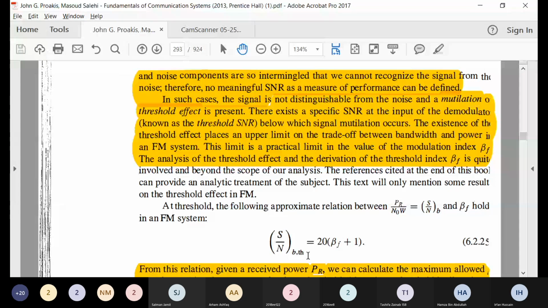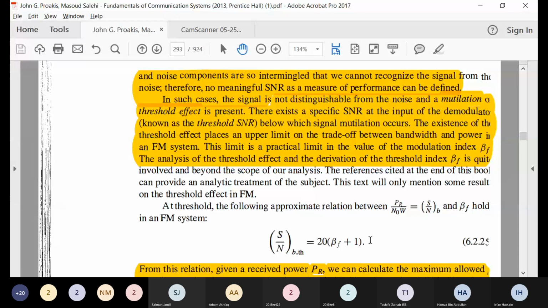The threshold signal to noise ratio is defined as 20 times beta plus 1. How this relationship comes is not in the course. We just have to see this relationship. So whatever your beta is, your threshold will be defined as 20 times beta plus 1.